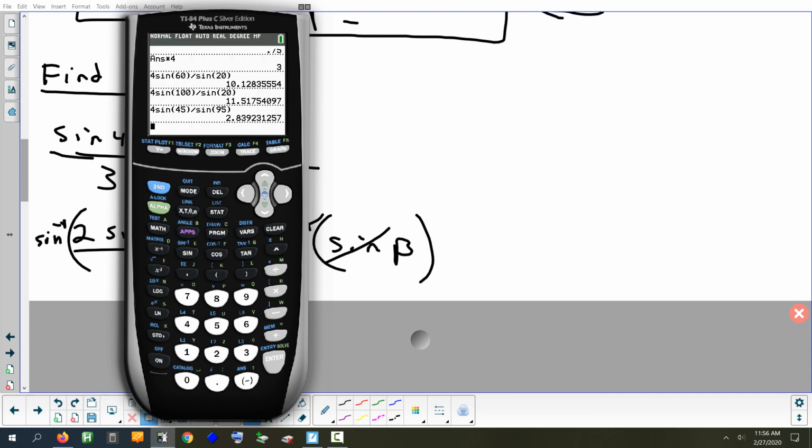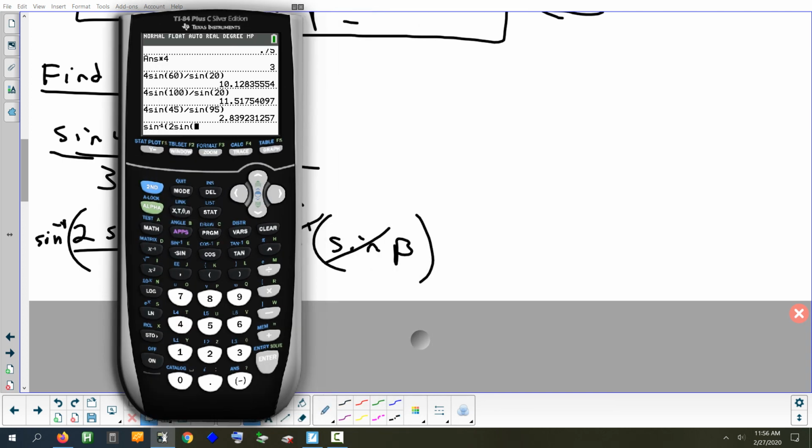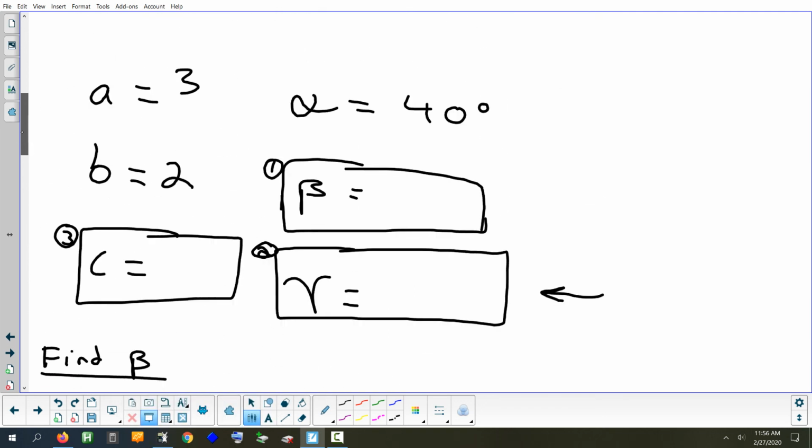Just type it in just the way you see it. 2 sine 40, close your parenthesis, divide by 3. Now, unless you type something in wrong, that isn't a no solution problem because I just got a solution on the screen. 25.374. Another way you can type it. Yeah, I don't think that'll work on this one. It might not because you have a little bit newer one, but yes, you can do that on yours. So 25.374 is definitely correct.